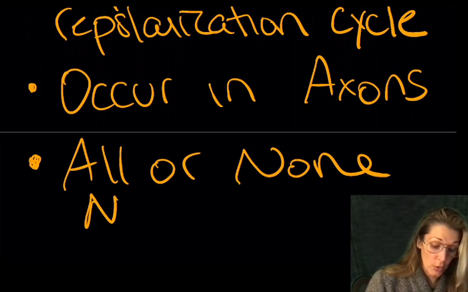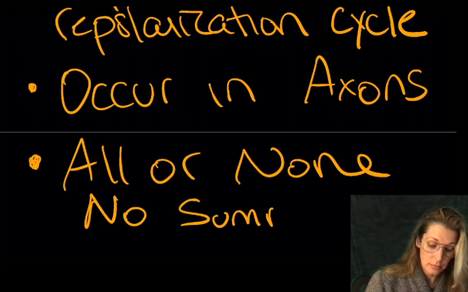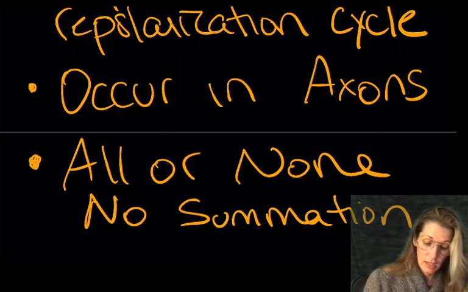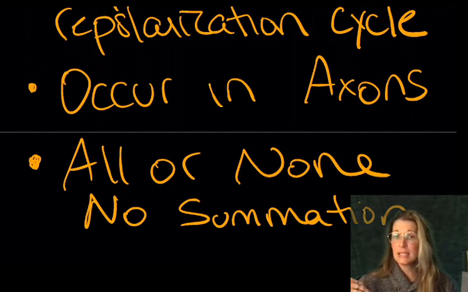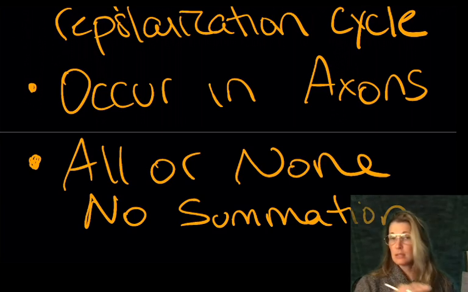There is no summation. If we reach negative 55 millivolts at the axon hillock, boom, we have an action potential, period. Either it's happening or it's not happening. There's not a more intense action potential or less intense action potential. It is an action potential, period. That's the whole all of it with an action potential.